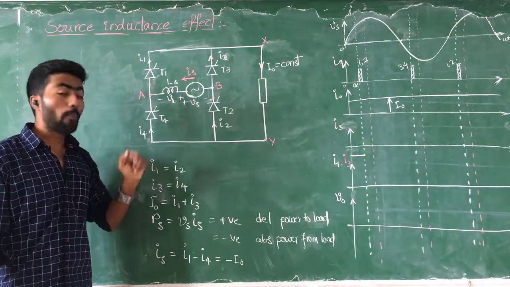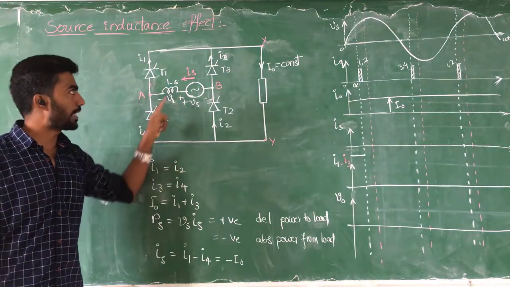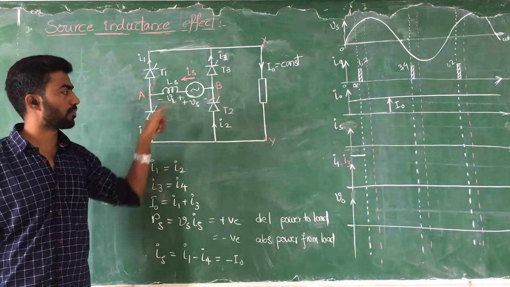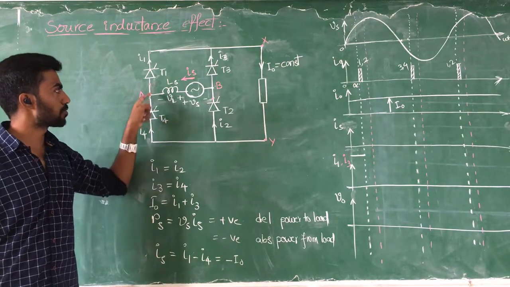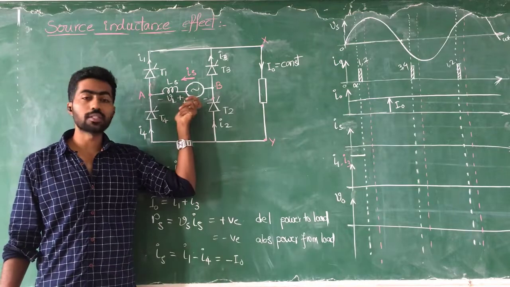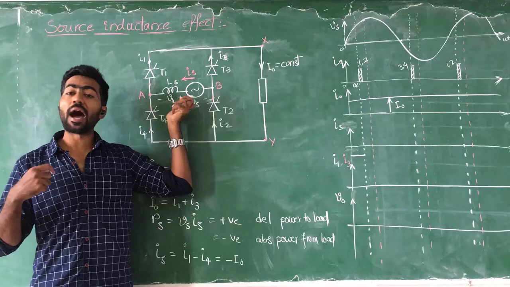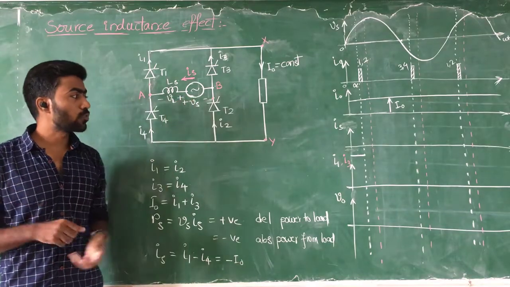Another path is the opposition path. For example, if it chooses the T3 and T4 devices, then if current is flowing in this direction, the source is consuming energy. That means the load has to deliver energy to the source.